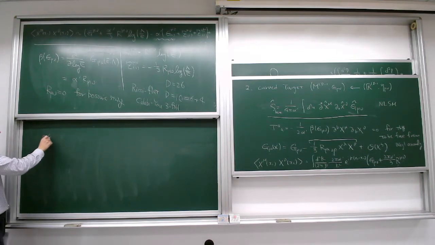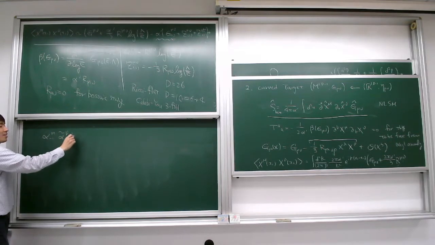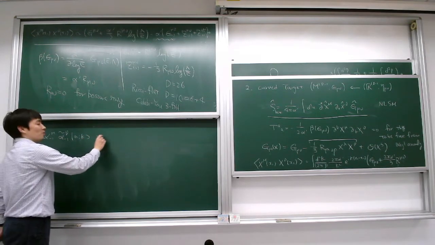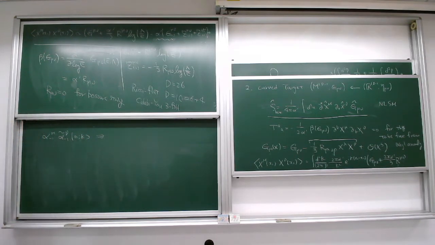This is the first excited state, which decomposes into 3 irreducible representations of the little group SO(24).